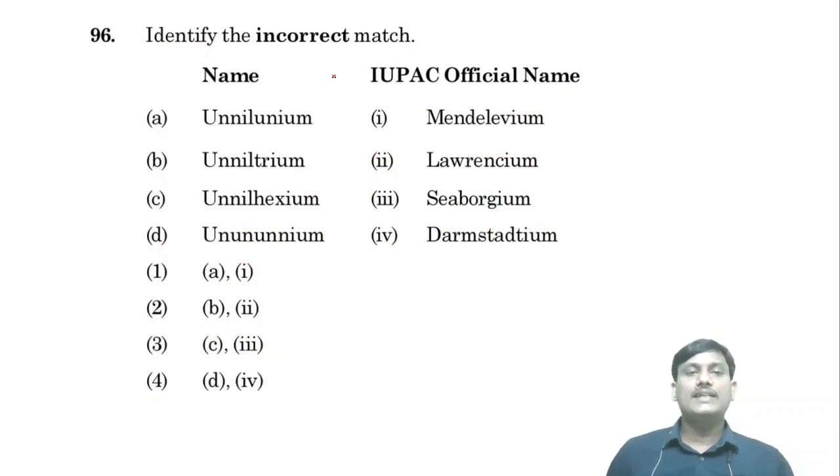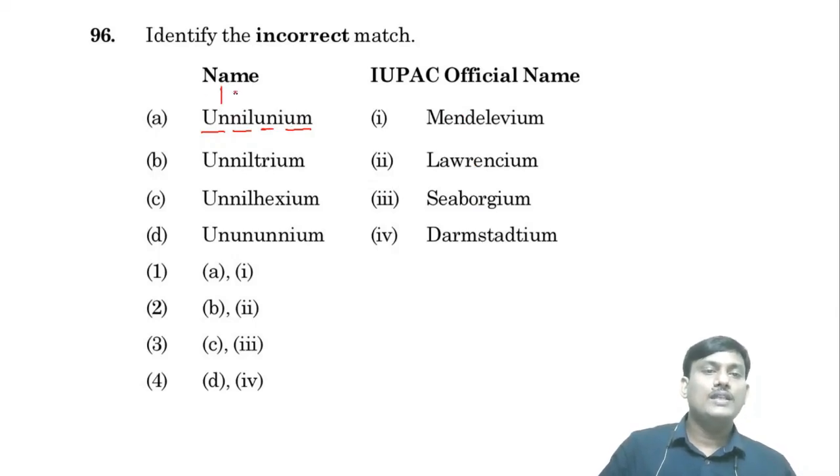Identify the incorrect match. Here the IUPAC names of these elements are given: un, nil, un, yam. Un means 1, nil means 0, so this one is 1 at 1.